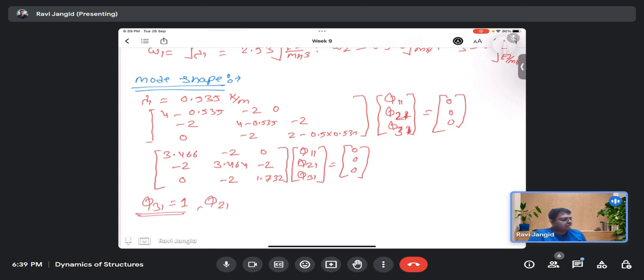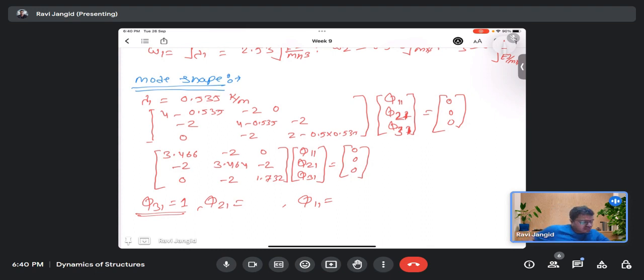So using that, can you give me the φ21 and φ11? Anyone?